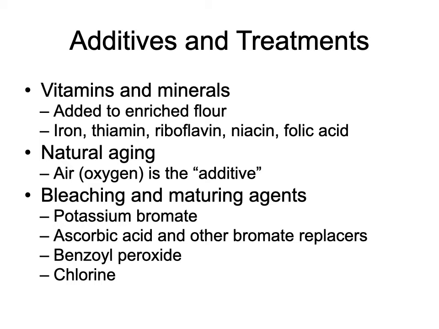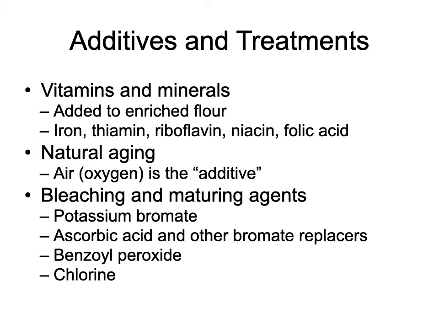So potassium bromate is used in some flours. It's not as common these days as it used to be, but they used to call it a bromated flour. And if you see that, then you'll know they're using potassium bromate. Ascorbic acid, which is vitamin C, and other bromate replacers.